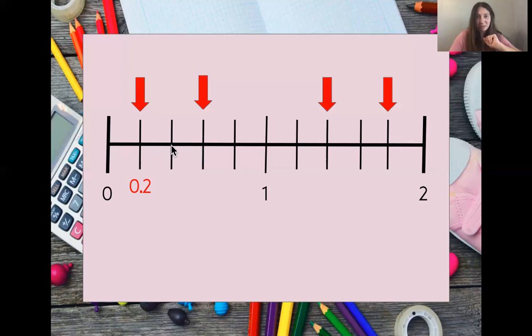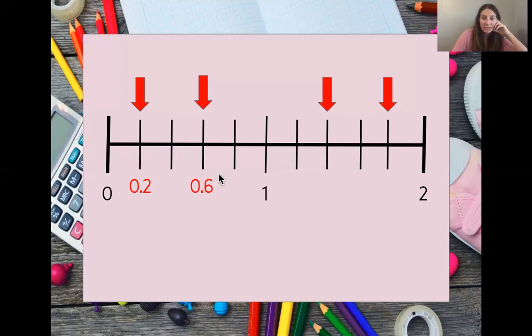What's next after 4/10? 6/10. So remember, normally from 0 to 1, you see 10 dashes total or 10 jumps because we usually like to divide it up by 10. But if we're only seeing 5 jumps, that means we have to double up on our jumps, right? We're counting by 2s.